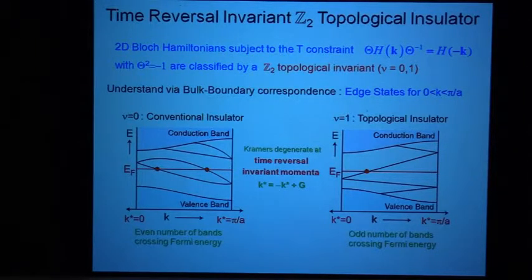Okay, so I can twist the boundary conditions, and that is like changing the value of K in this single unit cell.